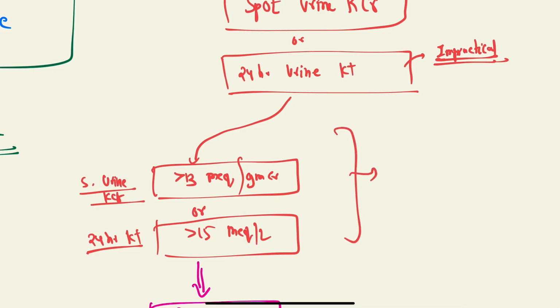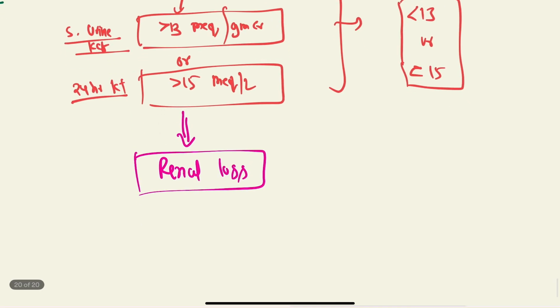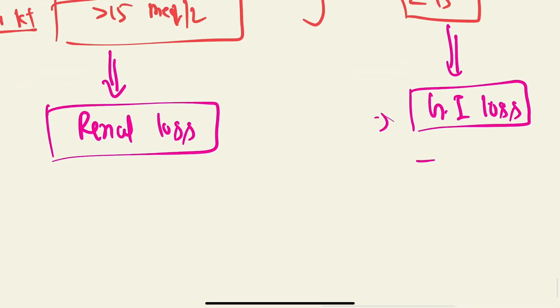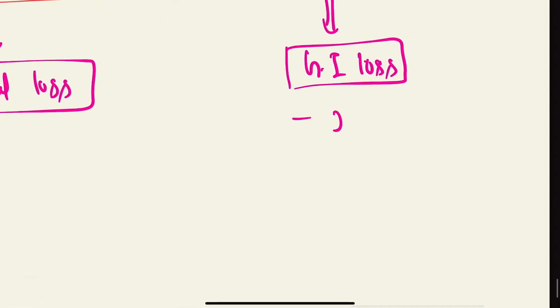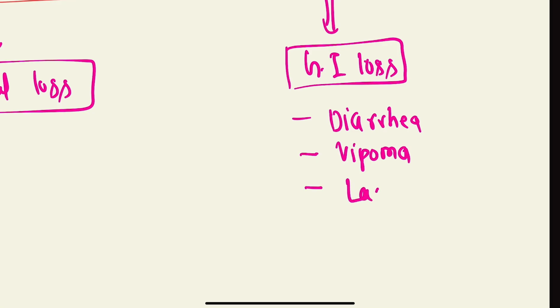If values are less than this, then we will say it is due to GI loss. GI loss can be due to diarrhea, villous adenoma, and laxative use.